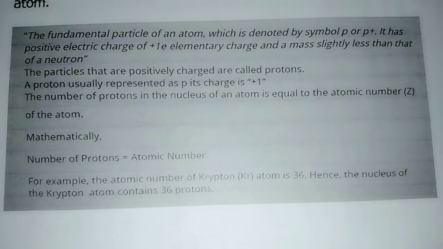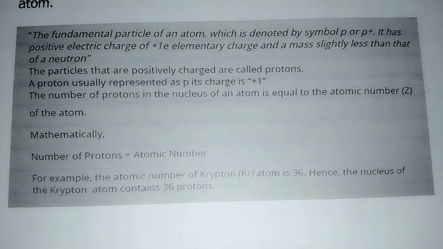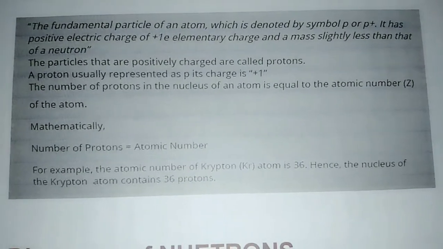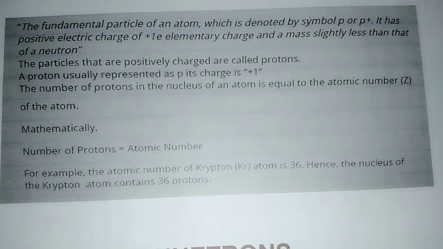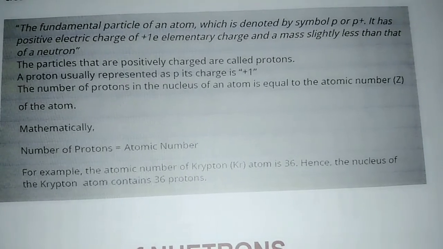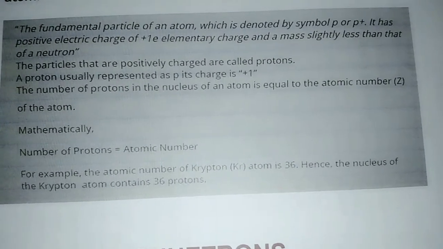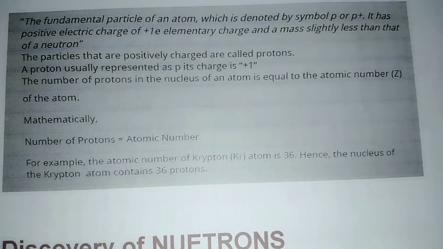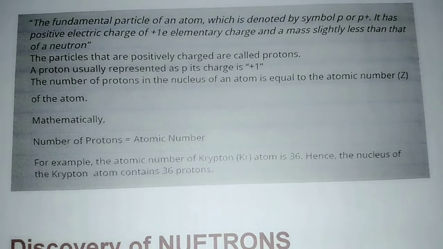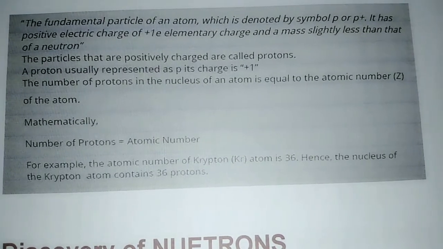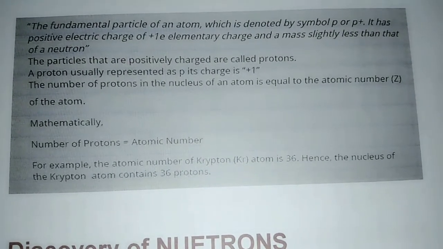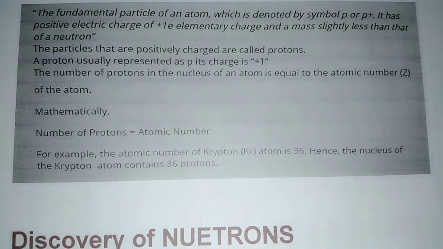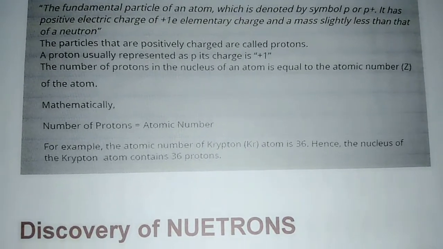The proton is a fundamental particle of an atom, denoted by the symbol P or P positive. It has a positive charge of plus 1 elementary charge and a mass slightly less than that of a neutron. The particles that are positively charged are called protons. A proton is usually represented as P. Its charge is positive 1.